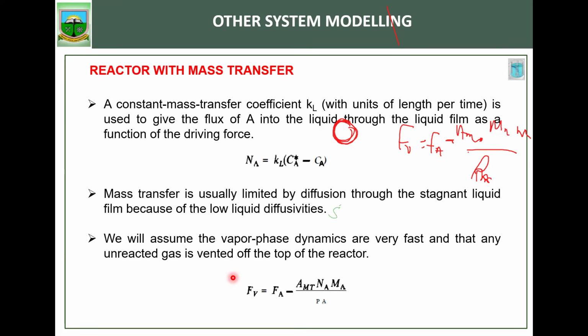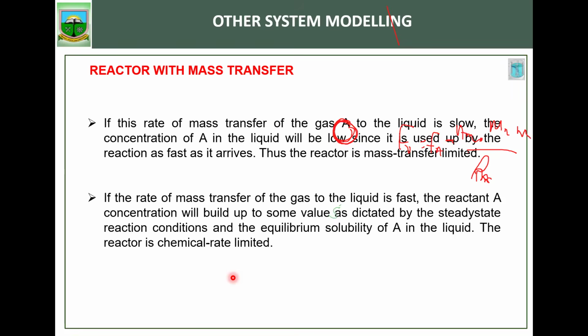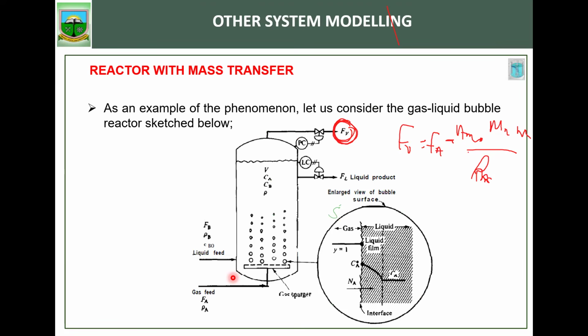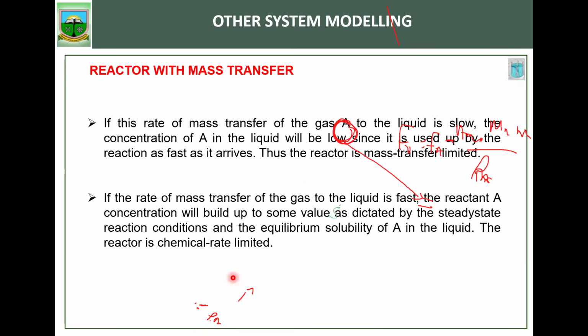What is F_A? Look at it. F_A is this, right? So what we are trying to say is that the amount of V here, this value here, is equal to the input gas. That's F_A. We have F_A here at a certain density, and that is equal to the amount that has been absorbed or dissolved, which is the second term.